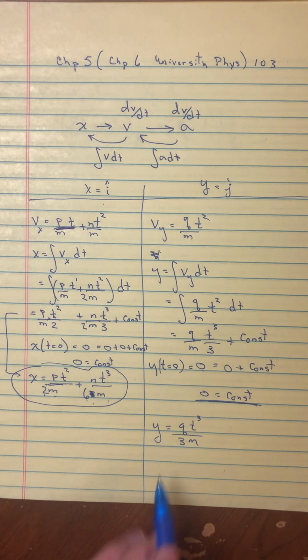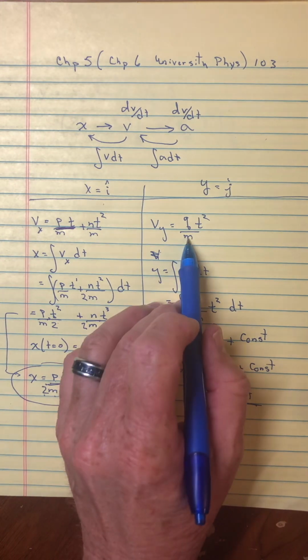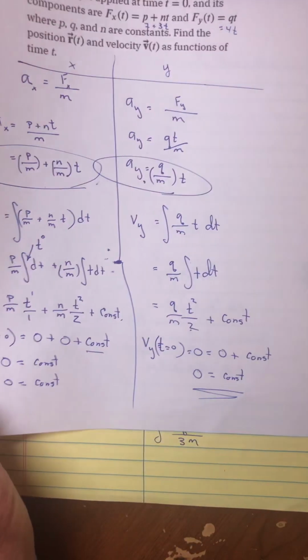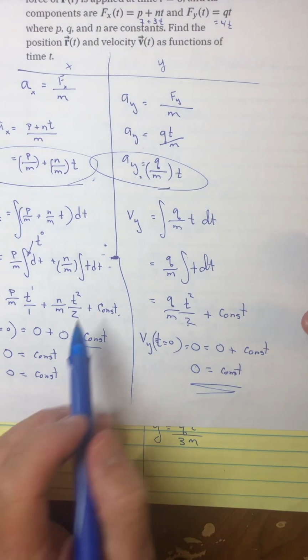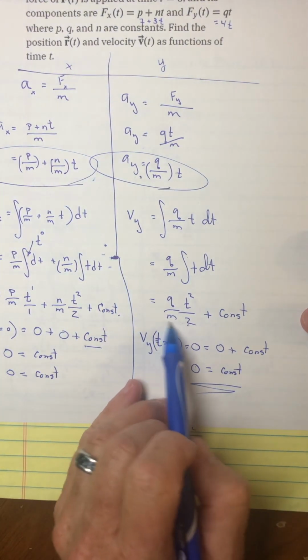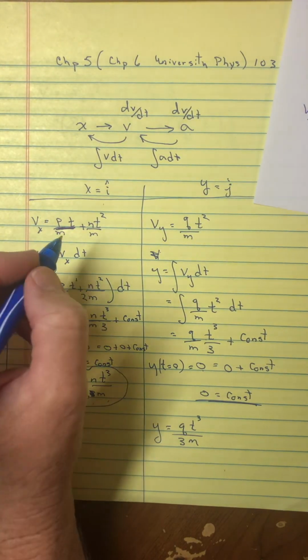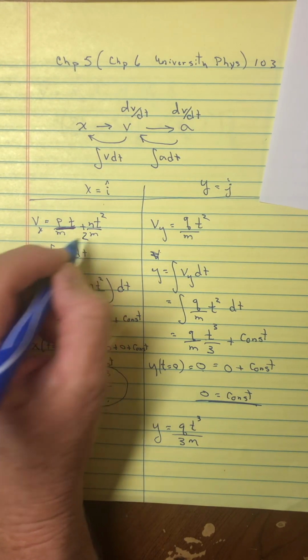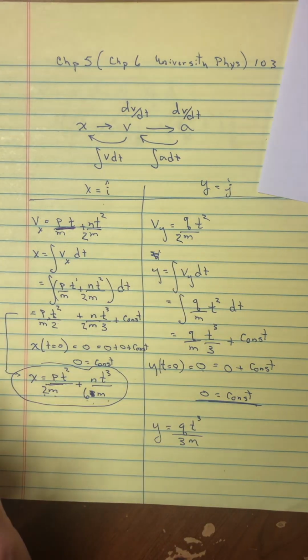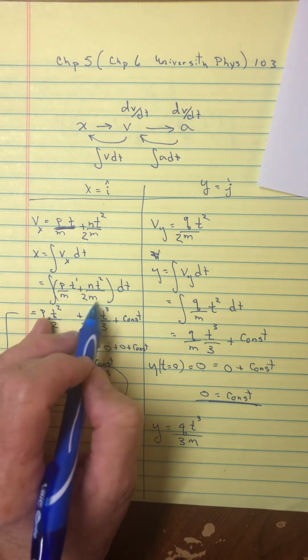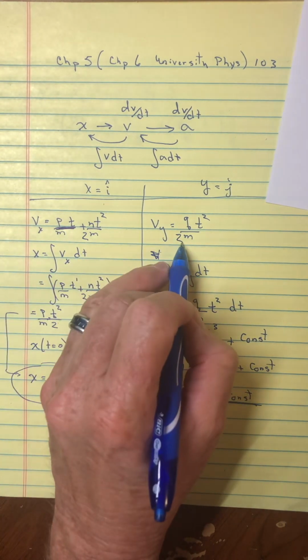Oh, no, they got a 6. Oh, did I get lazy again and drop my 2? I think I did. Yeah, I'm so sorry. Back here, there was that 2m. Yeah, so I dropped it here accidentally and dropped it there. And I caught it here and put it back in, so glad I fixed that.